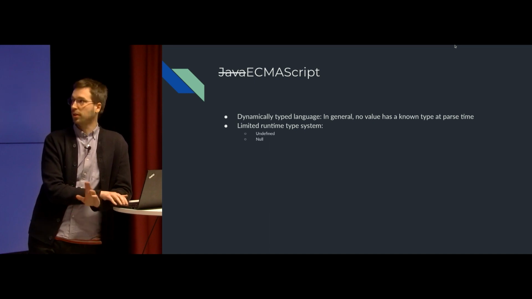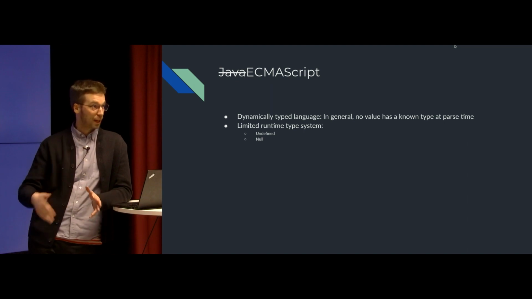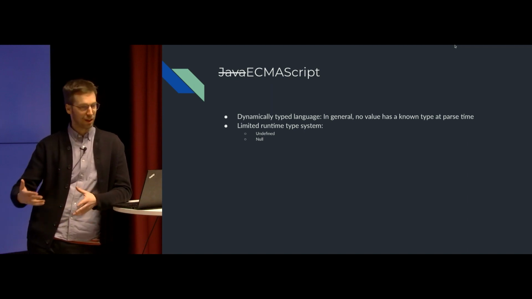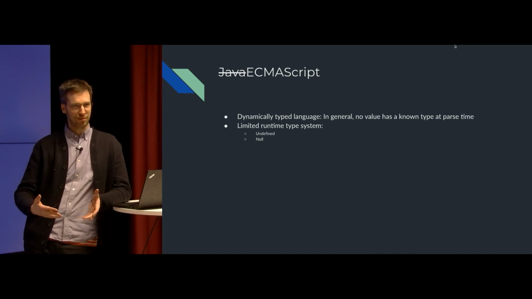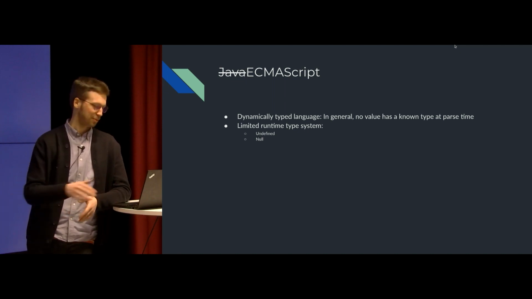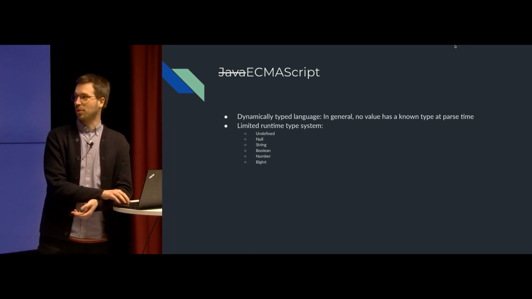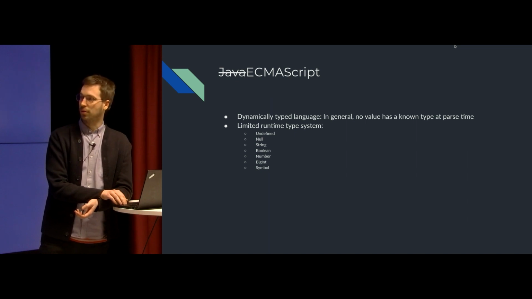So there's undefined, there's null, 2 different bottom values. That's a great idea. Like, of course, how about we have none, and then we could have maybe. Would be fun. Strings, booleans, numbers, big ints if number is not enough for you, and symbol for magical things, and then object. That's it.